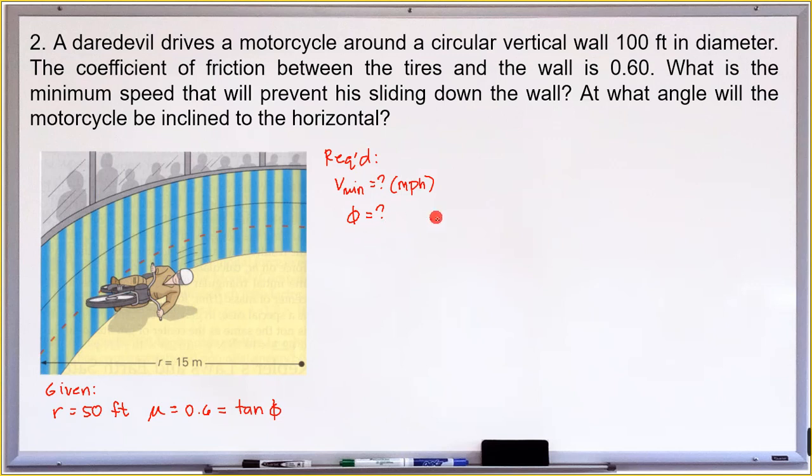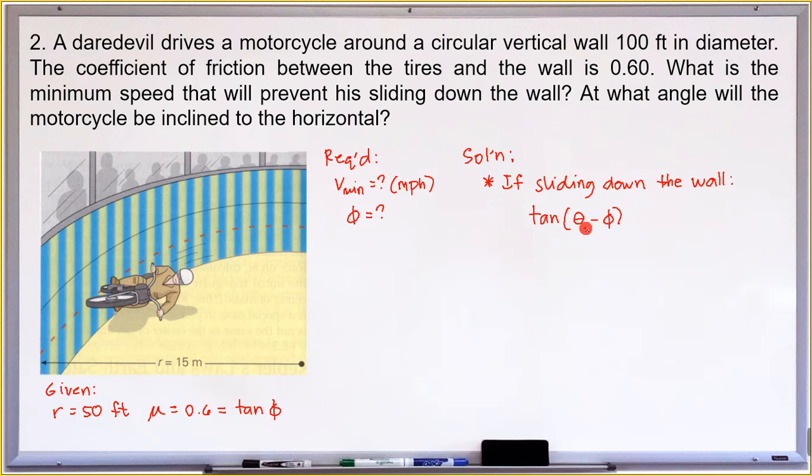Okay, so for our solution, if we are sliding down the wall, now we're going to apply this relation. We have tangent theta minus phi.